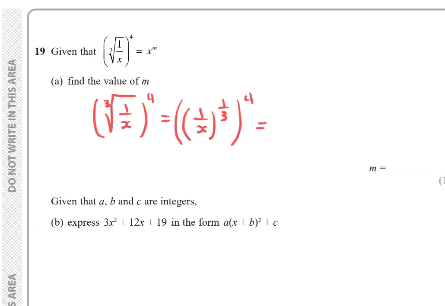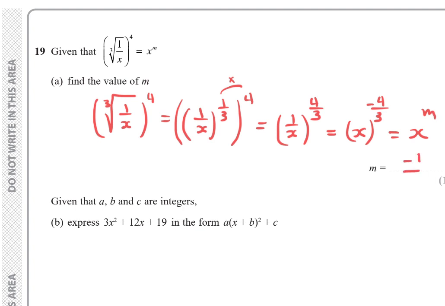If you have two powers, multiply them. So 1 over x power 4 over 3. Now we can flip the fraction and make the power negative. So x power negative 4 over 3 equals x power m. So m equals negative 4 over 3.